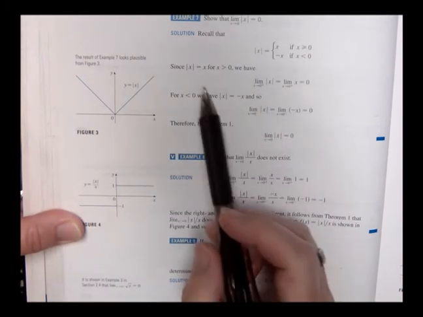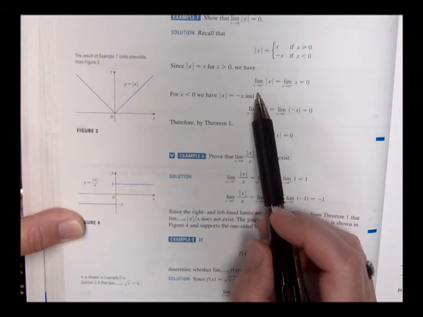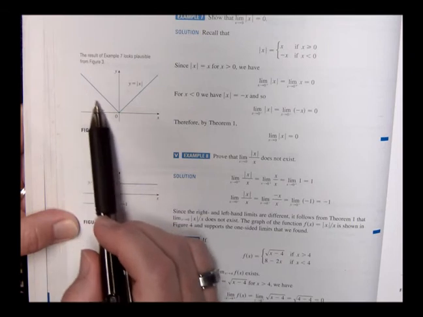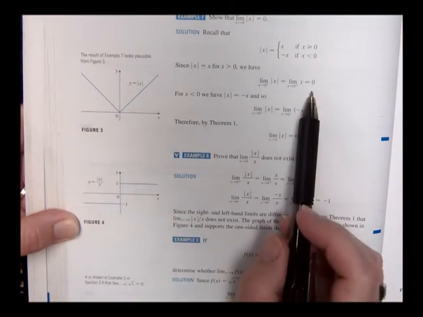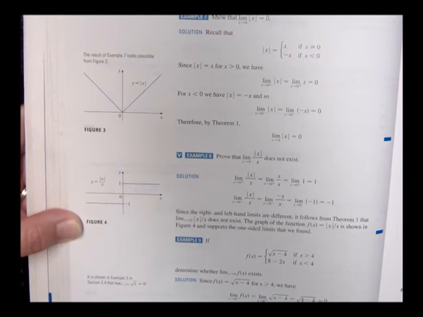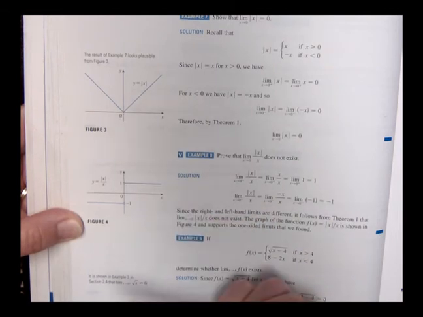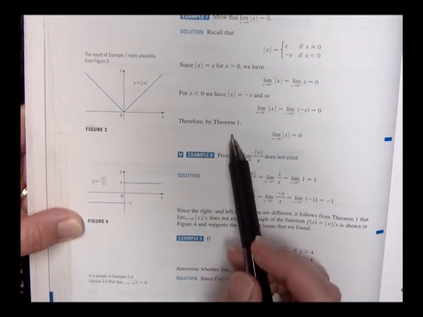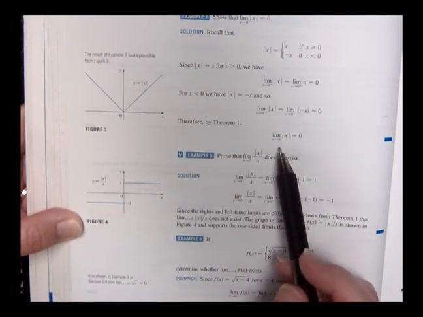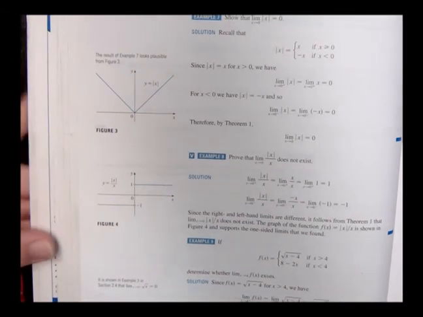So, if I take a look at this from the left, as we approach 0 from the left, what is my limit? It is 0. Let's look at it from the right. As it approaches from the right, what is the limit? It is 0. So by the theorem, we can say that the limit of the absolute value of x as x approaches 0 is also 0. Not a whole lot of work to do there. So just observing the graph, seeing that it's the same on both sides.